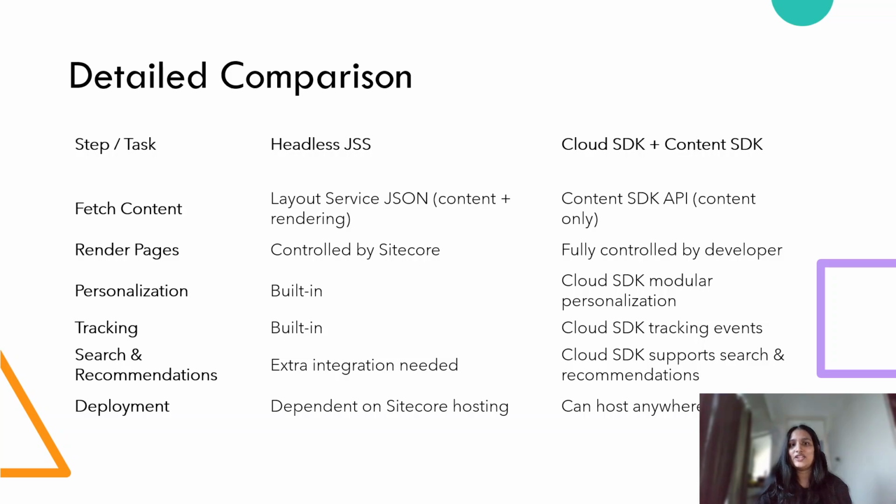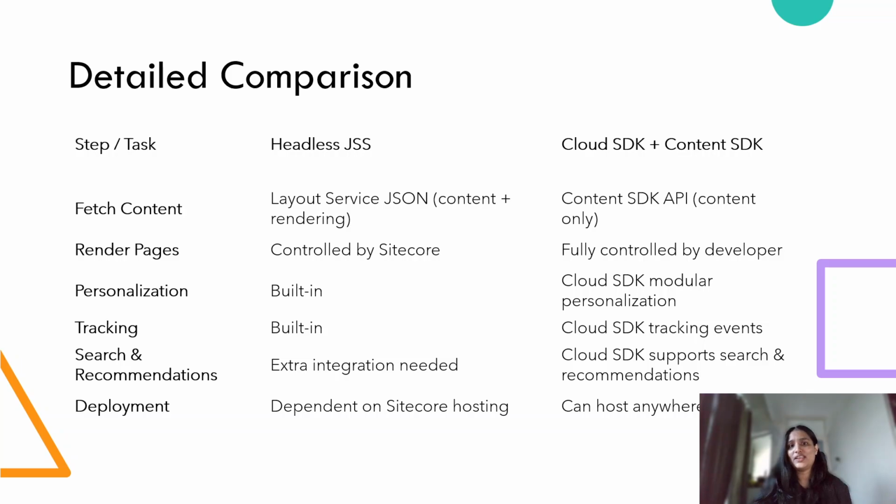Next is personalization. For personalization, JSS has built-in support, but it's tightly coupled with the layout service and Sitecore XM rules. But with the Cloud SDK, personalization is modular. You can enable it via the SDK and connect it with CDP or Personalize. You can decide which personalization you need to apply and where it should apply.